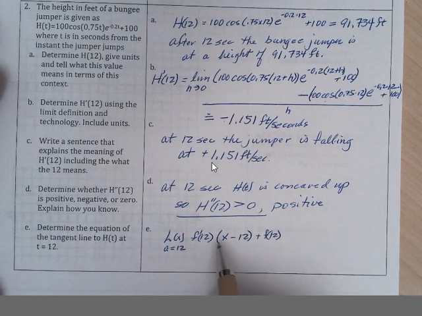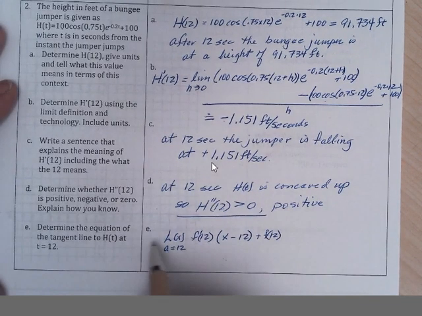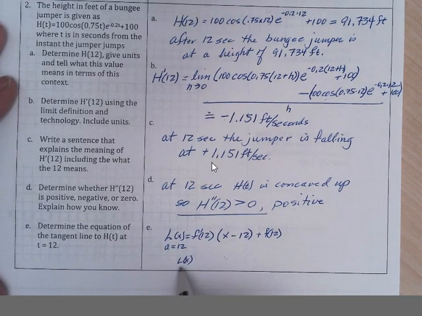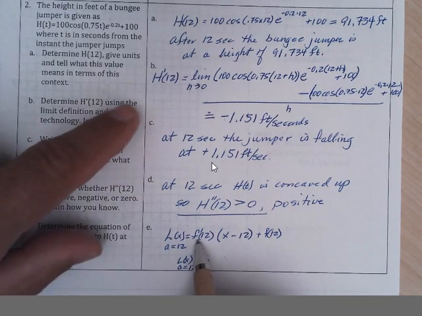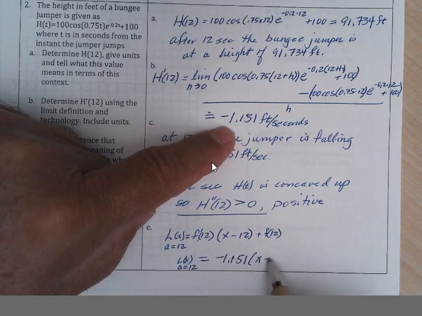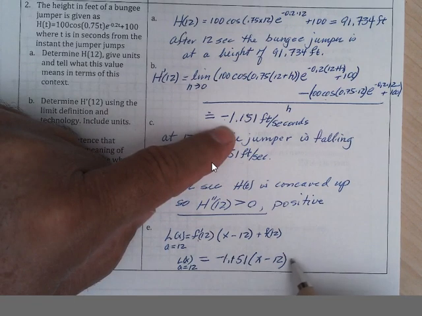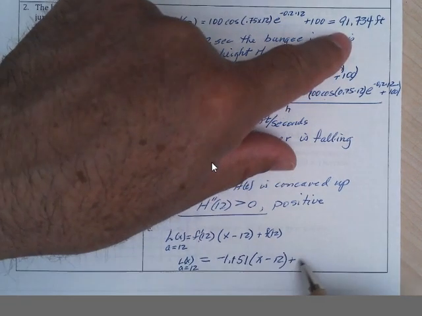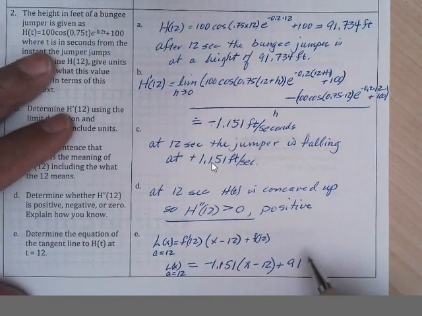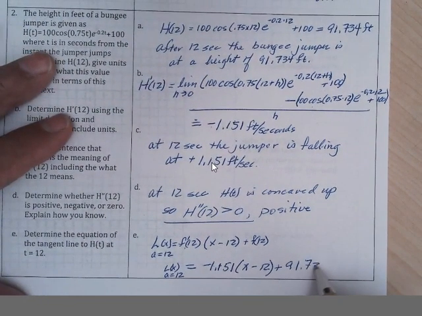And we've worked all those out already, so the linearization at a equal 12 would be f prime of 12, we got negative 1.151, x minus 12 plus f of 12, we got to be up here 91.734.